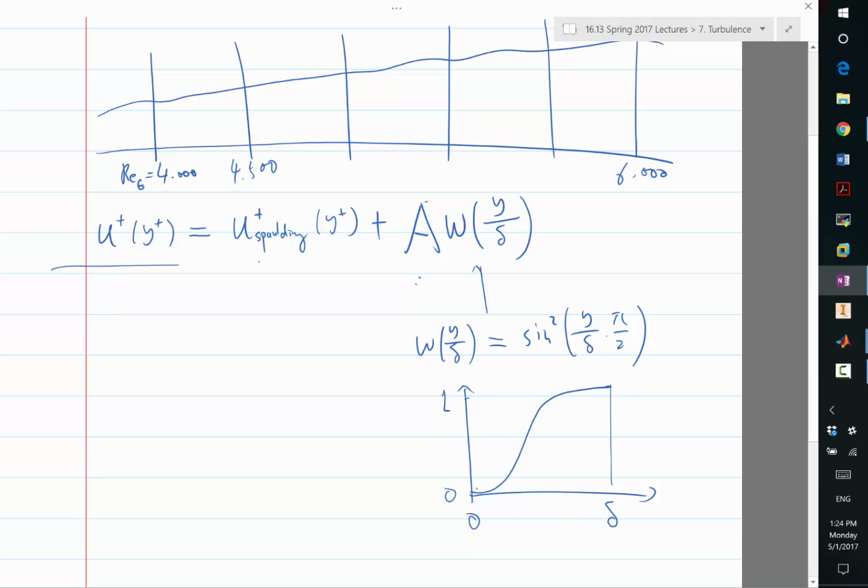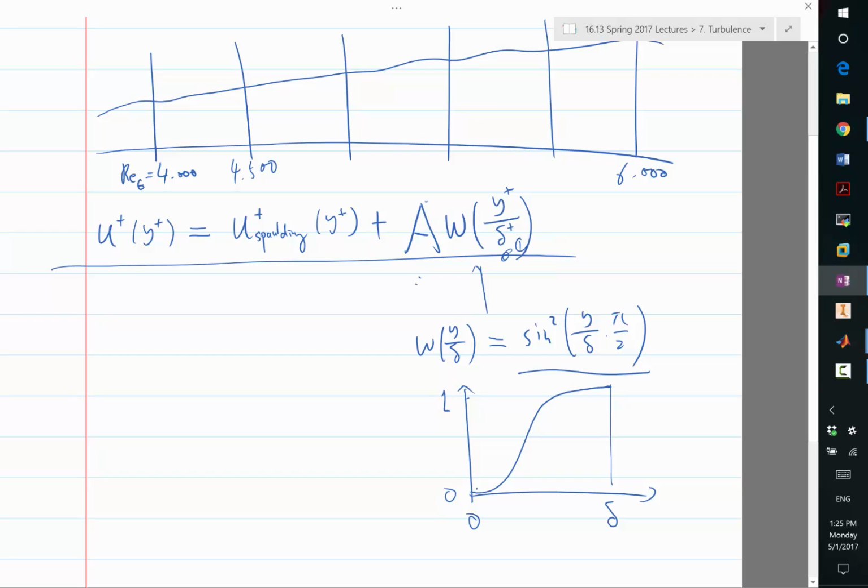So this profile has two parameters. What are the two parameters? Maybe it's clearer to write it as Y plus divided by delta plus, if you write the delta also in the plus unit. So what are the parameters in this profile if I fix this function? Delta plus, right?